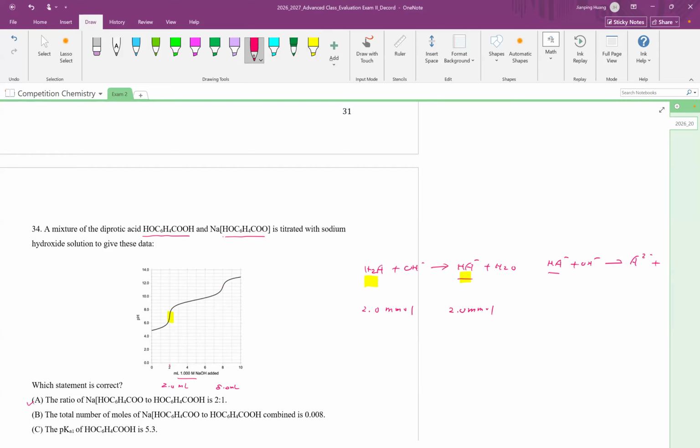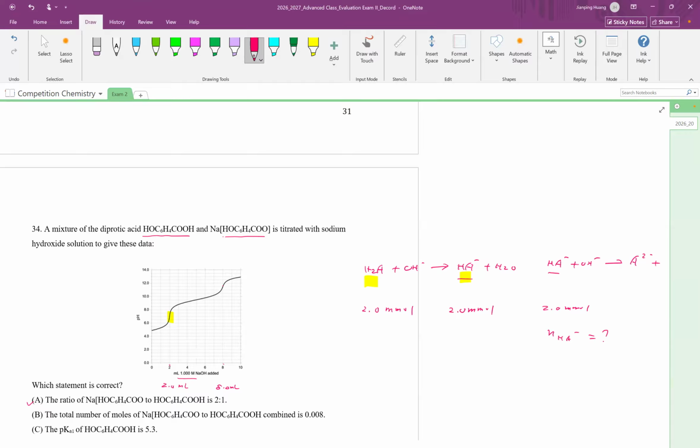Now you add here, see, here it's 2.0 millimole. Now here it is 8. Right? That one is 8. So what happened? Now in the second equivalent point, you also have 2 plus the original one, N. Right?